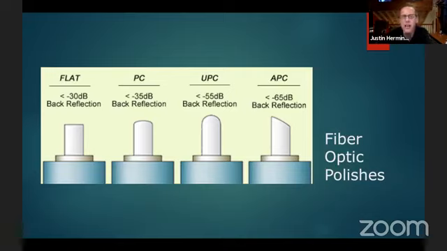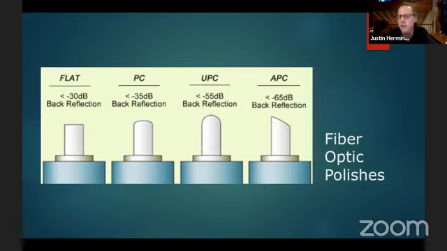PC is physical contact, which just pushes the ends up to each other. UPC is ultra physical contact, where the tip is rounded, so the smallest area possible makes contact. And APC is angled physical contact, where it's actually beveled at an 8-degree angle, so you minimize reflection.